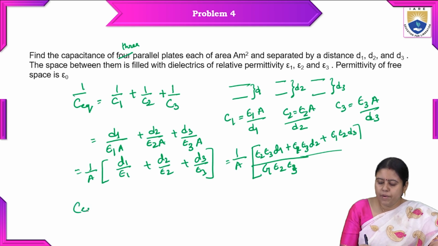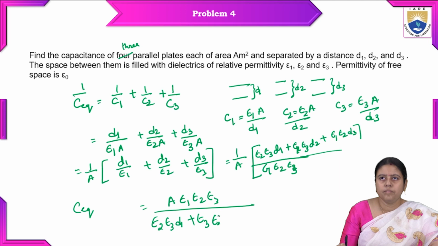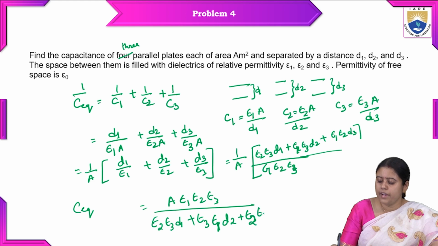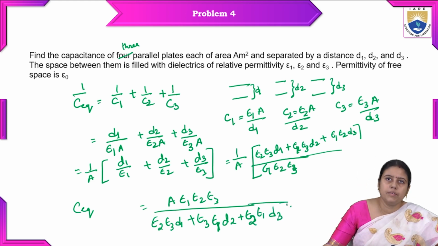So what is C equivalent? C equivalent is equal to A epsilon 1 epsilon 2 epsilon 3 divided by epsilon 2 epsilon 3 D1 plus epsilon 3 epsilon 1 D2 plus epsilon 1 epsilon 2 D3. This is our equivalent capacitance.